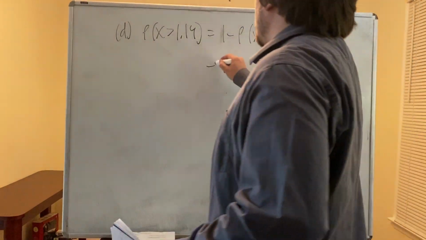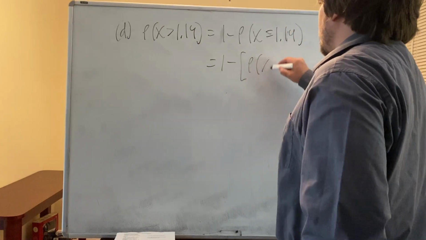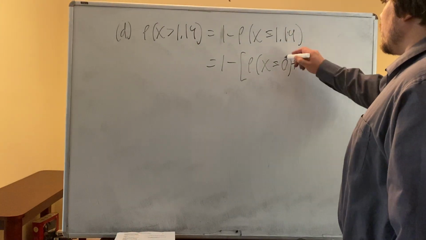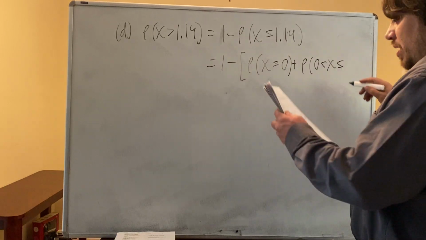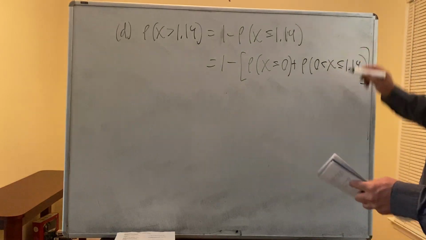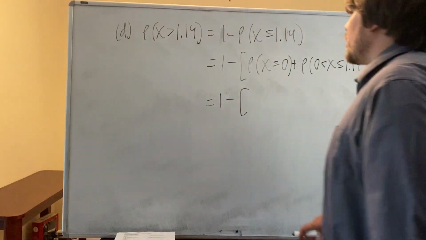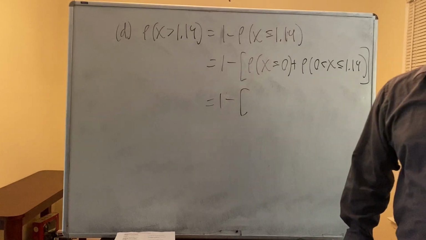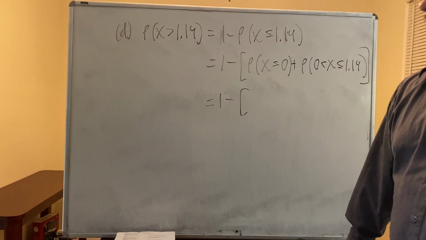And so this is 1 minus the probability that x is less or equal to 0 plus the probability that 0 is less than x less than or equal to 1.14. And so this is equal to 1 minus the probability x is less or equal to 0, since it's symmetric about the line x equals 0. Half is to the left of that vertical line and half is to the right.